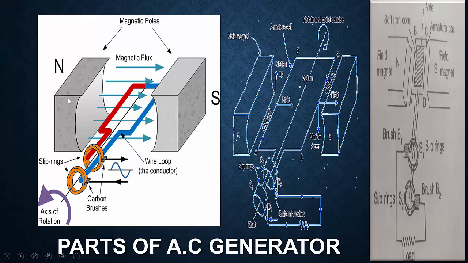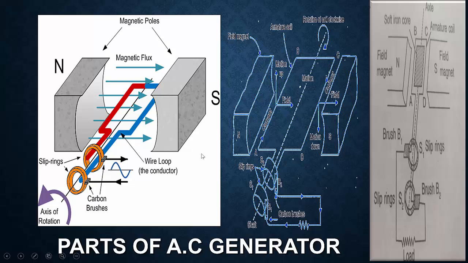So these are the main parts of an AC generator: the field magnet, which is a concave magnet, then the armature coil ABCD, the slip rings, and then the brushes.